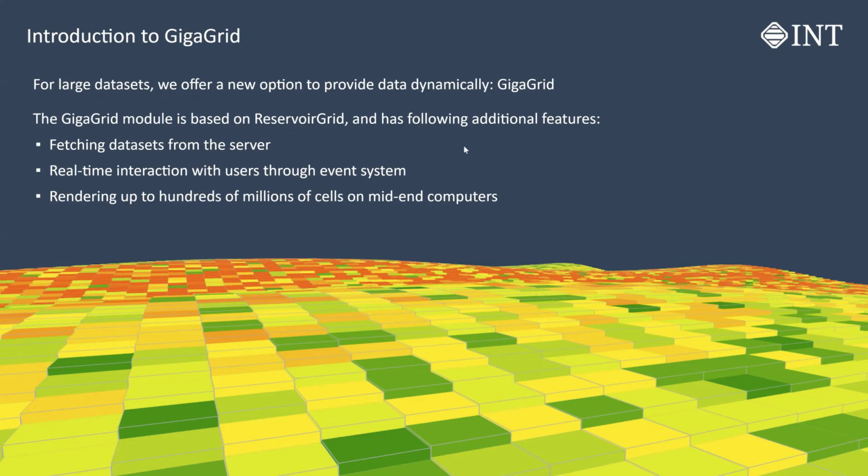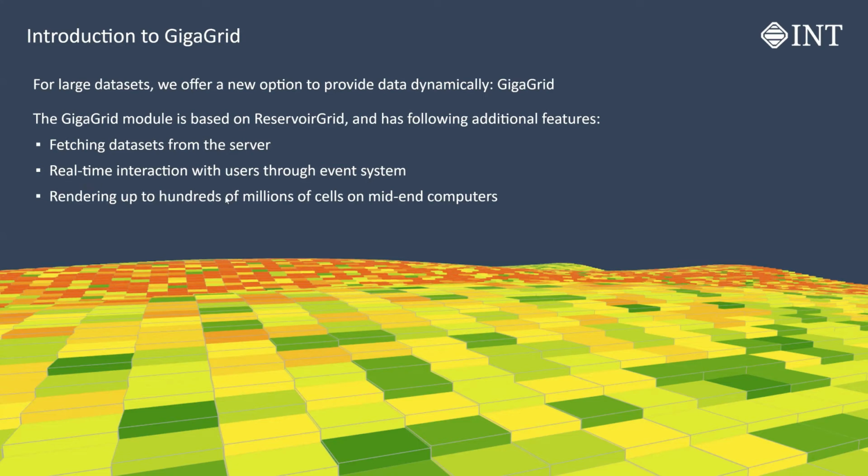It has the following additional features. The first one is it can fetch the dataset from the server, so now not all data is located in your memory. In our sample demo, we have around 16 gigabytes of data, so you don't have to have a 16 gigabyte RAM PC to run the application.